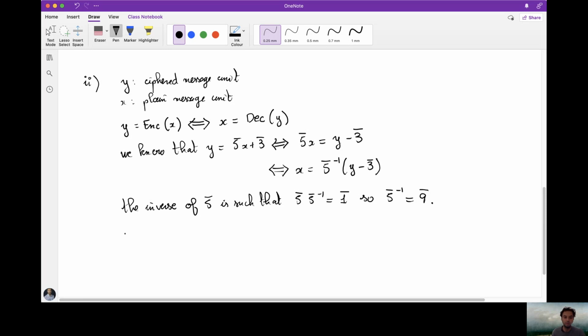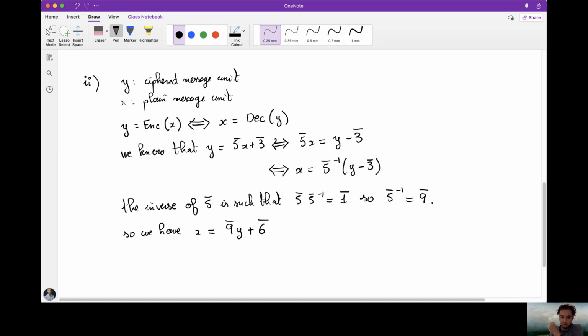Therefore we have that X is equal to 9Y minus 27, 3 times 9. And 27 modulus 11 is 5, so minus 27 is minus 5, which is the same as 6.